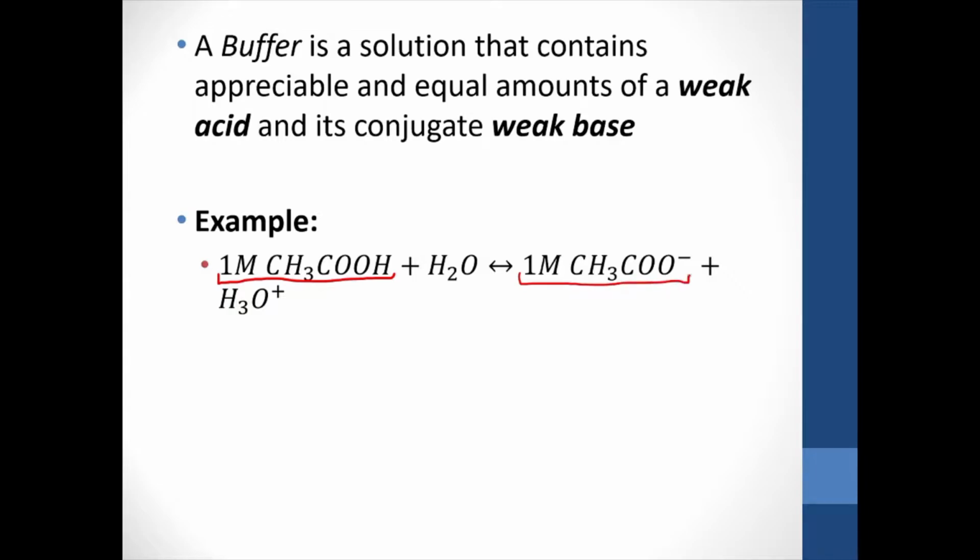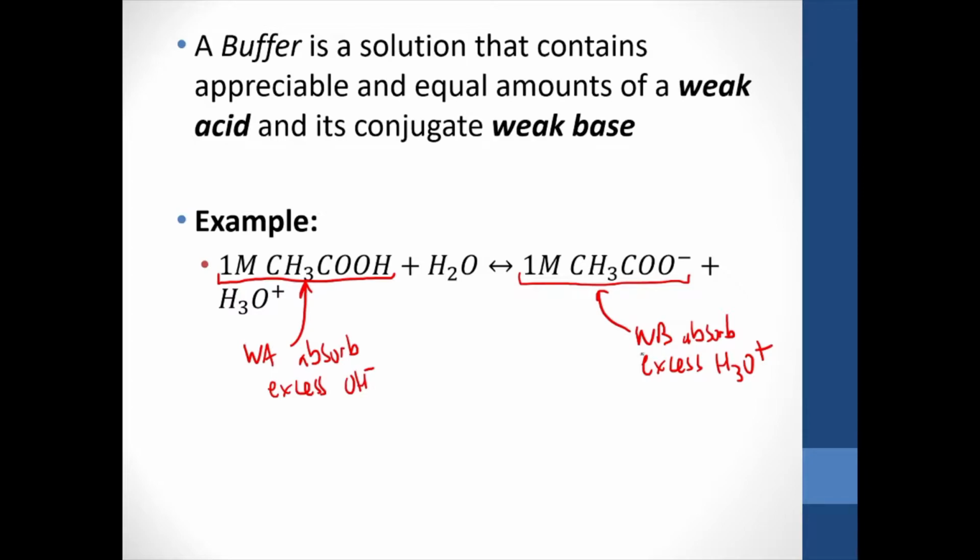The basic idea behind the buffer is that the weak acid will absorb any excess OH minus, and the weak base will absorb excess hydronium. And one neat thing is, as long as you're using the weak acid and its conjugate weak base, you get a really neat equilibrium that occurs.